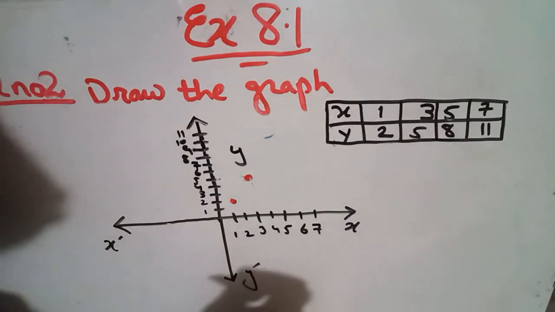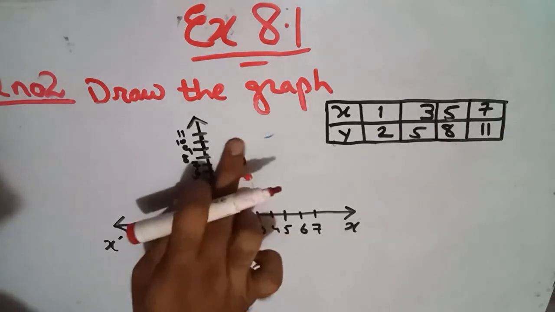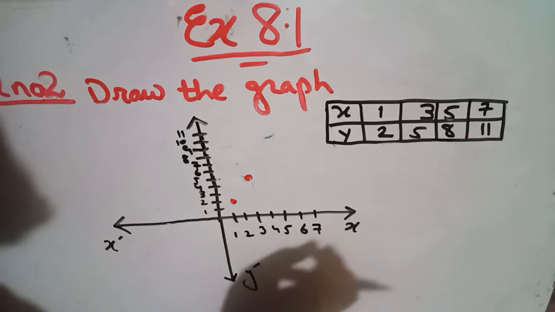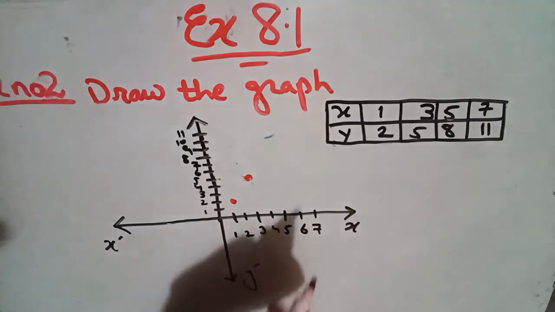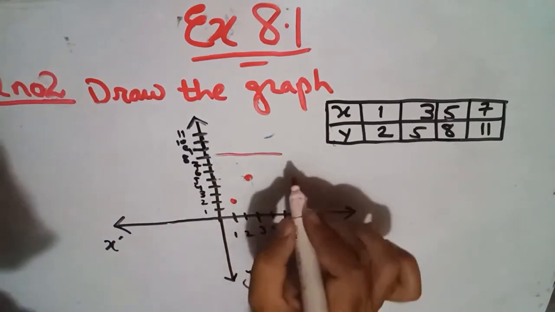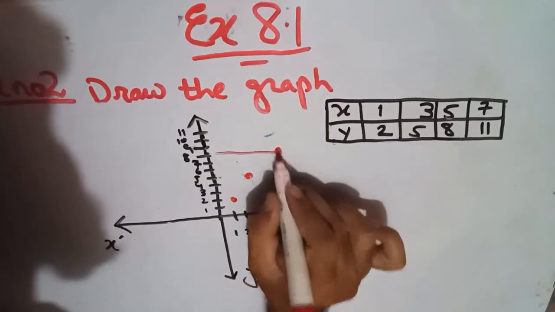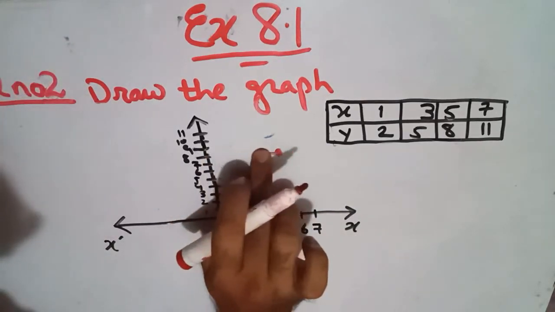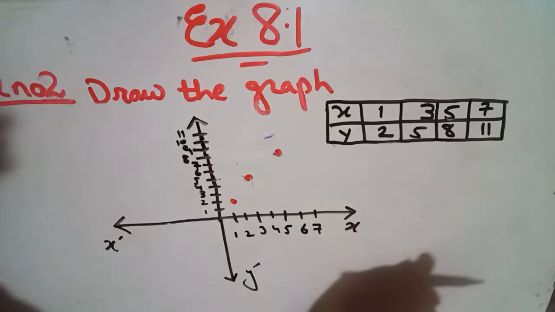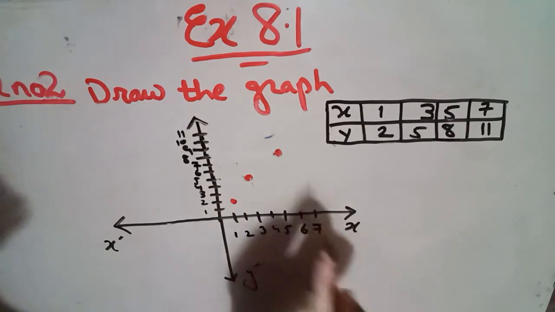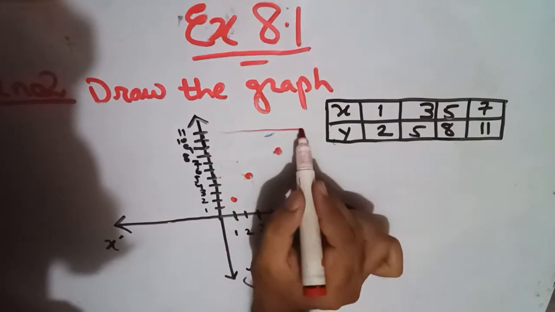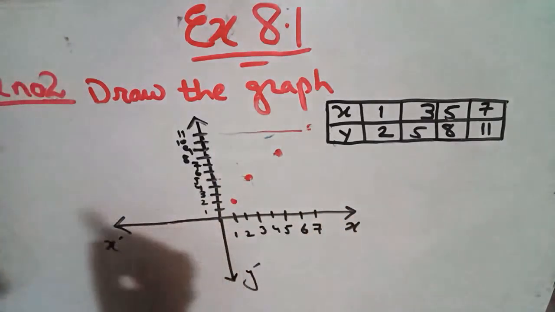Now when x is equal to 5 and y is equal to 8, you put the dot there. Also when x is equal to 7, the value of y is equal to 11, 7 and 11, so you will take the last dot there.